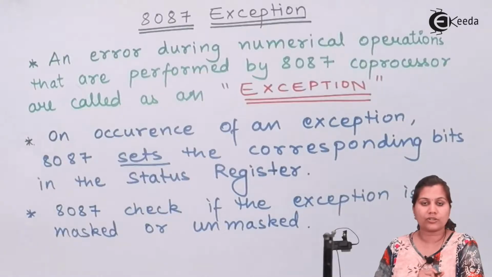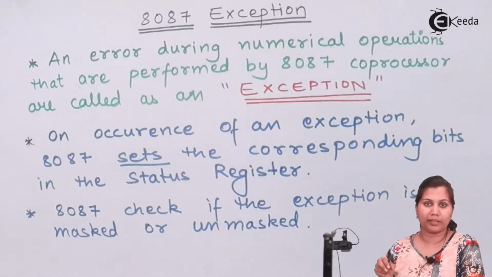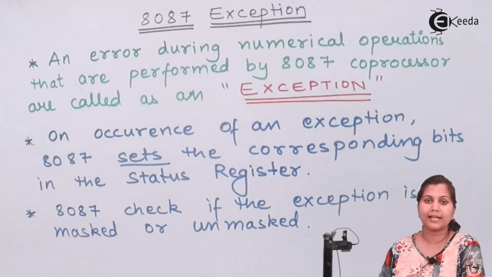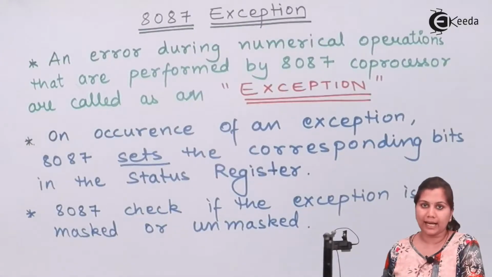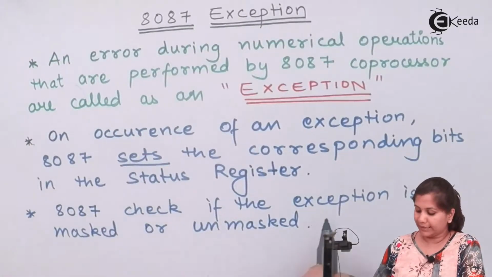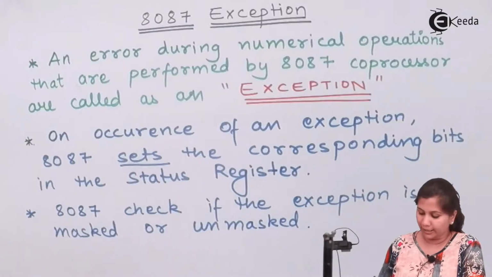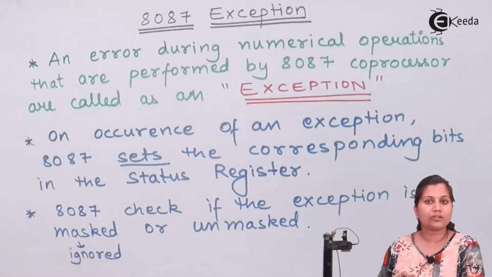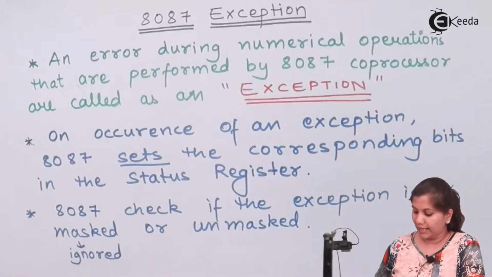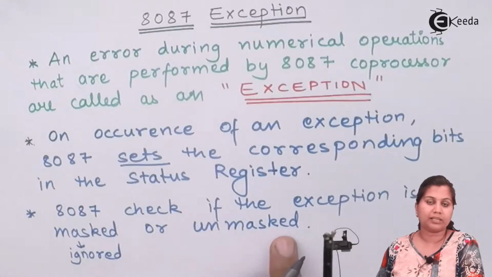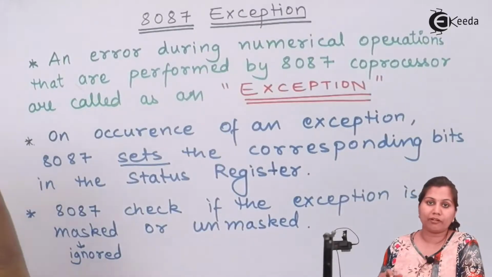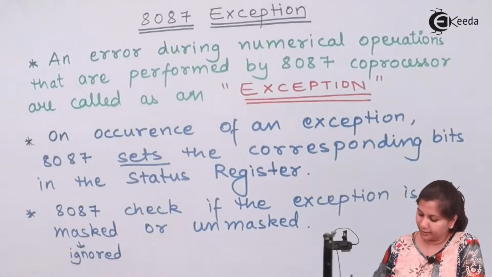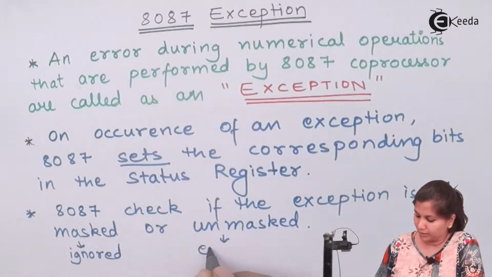In the control register also there are some specific bits for these exception flags, for masking and unmasking. If the exception is masked, it means the error will be ignored. Unmasked means the exception flag is not masked, then the error is going to occur.